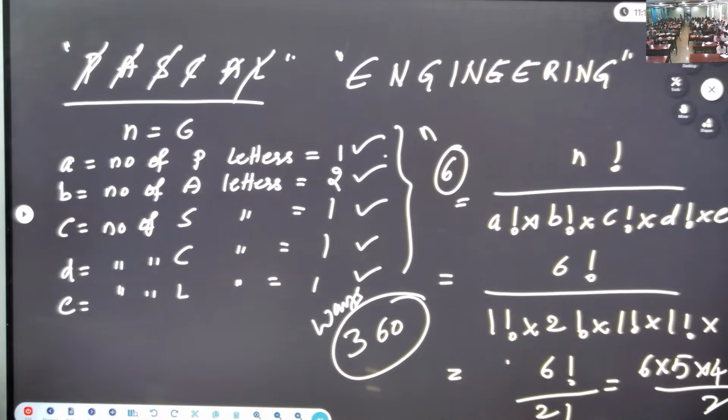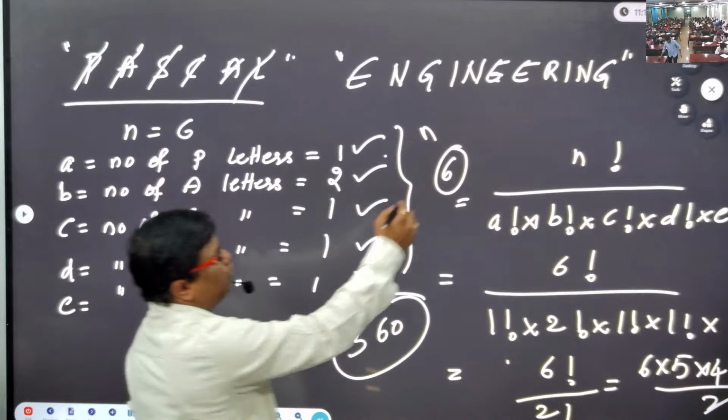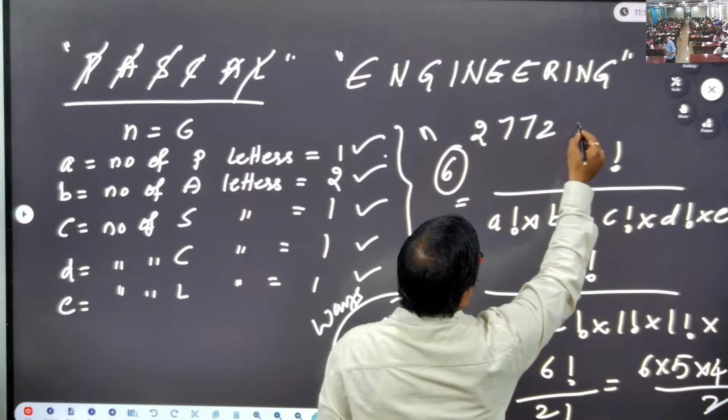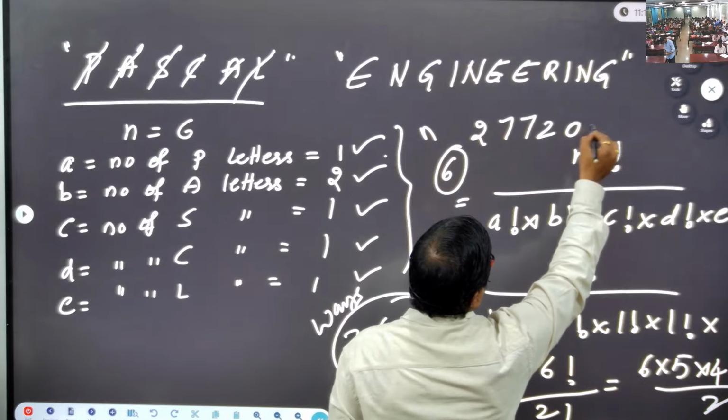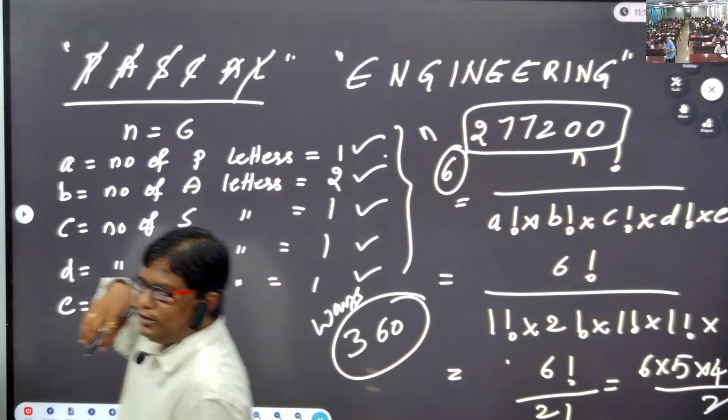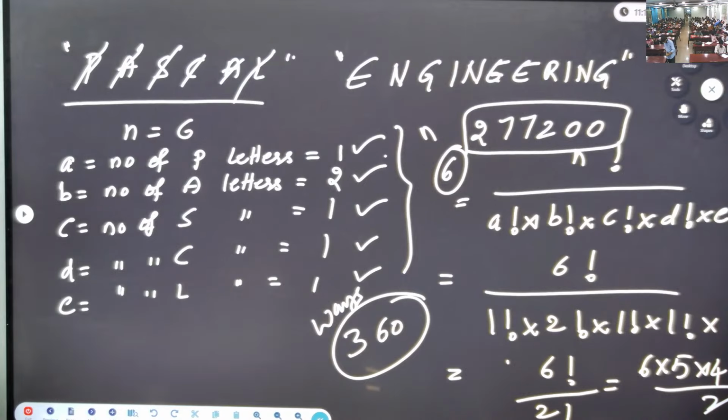What is the final answer? 11 into 10 into 9 into 8 into 7 into 5. So if you are still simplifying, what is your answer? Count, I will write it here. 2 7 7 2 8 8 0 0 is the count we are going to get for engineering. Okay.